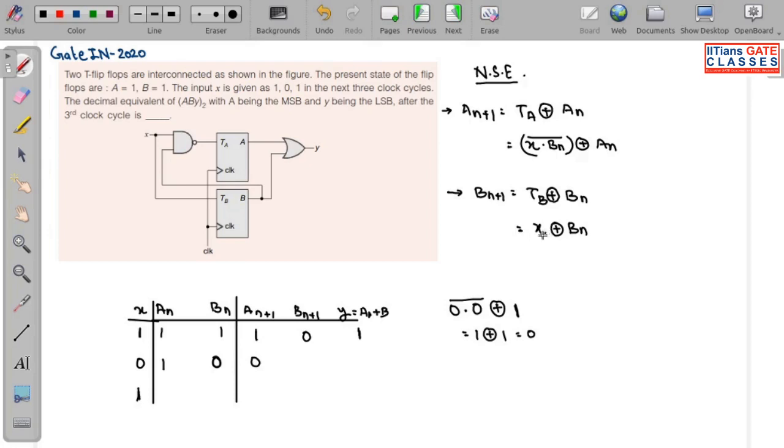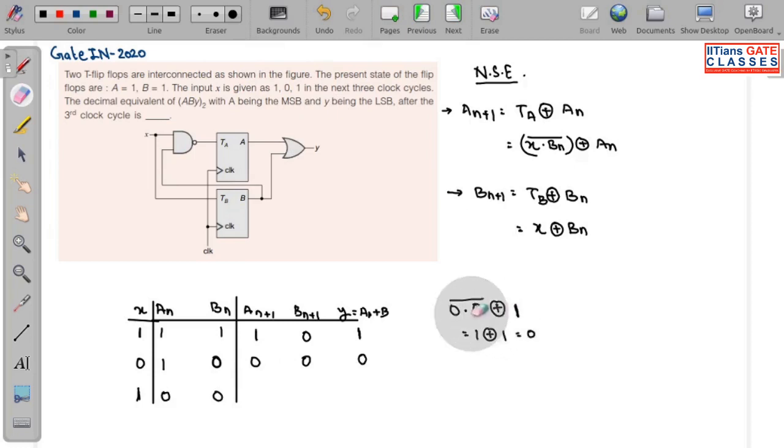Now for Bn it is X XOR Bn, so this will also be 0. Now Y is A or B, so it will be 0. Now the third clock pulse. What is the present state? It will be 0 0.